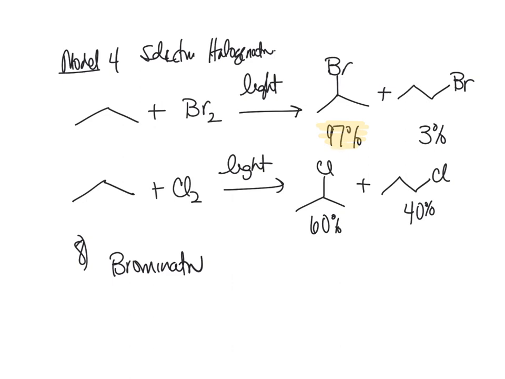The major product obtained for either bromination or chlorination of propane is derived from the secondary. Did you write secondary? Secondary carbon or free radical. And these are those bond dissociation energies we talked about.